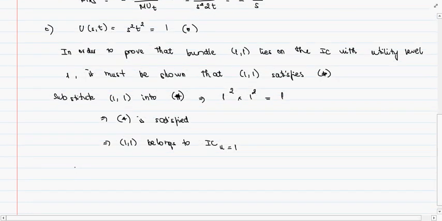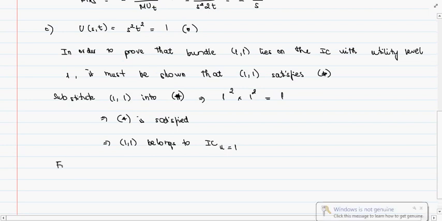Okay, and we want to prove that the marginal rate of substitution at this bundle is equal to -1. So we've already found the marginal rate of substitution before. What we want to do is substitute the value of this bundle into the function of the marginal rate of substitution and find out the value.